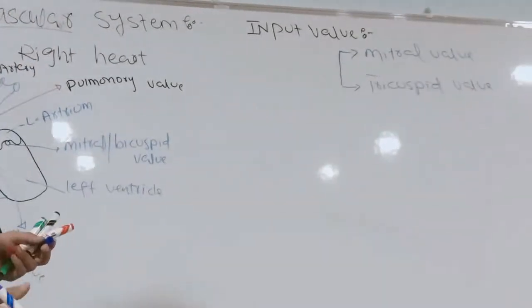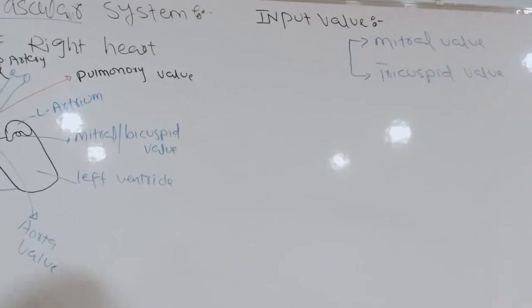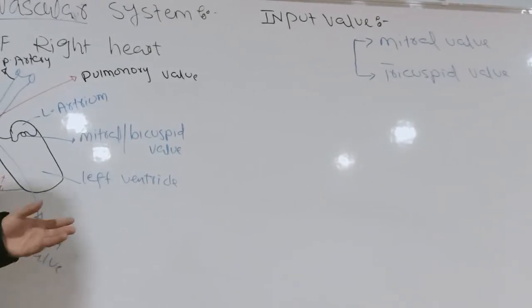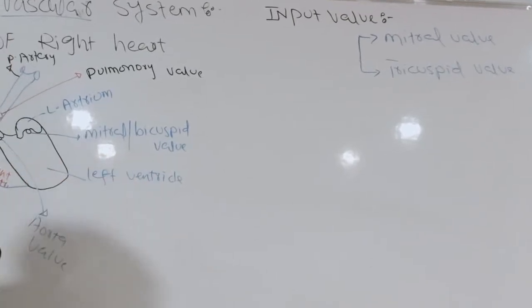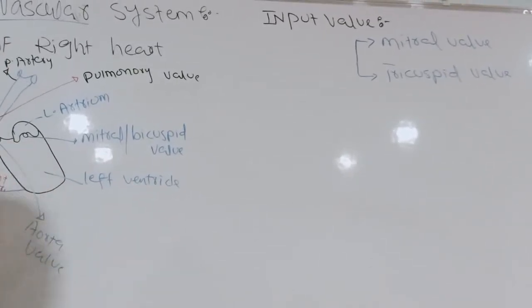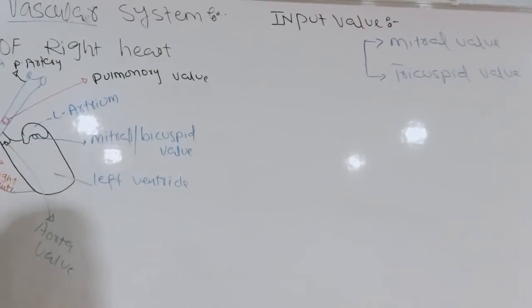So if anyone asks you which are the input valves in the left and right heart, the input valves are actually two valves: number one, the mitral valve, and number two, the tricuspid valve.